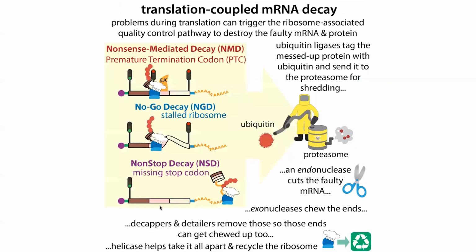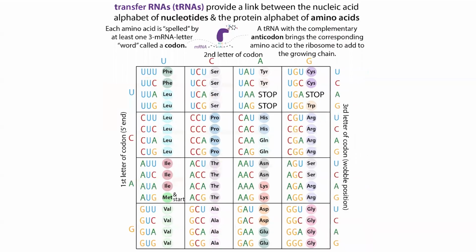What about in the case of nonstop decay? Well, here you're kind of one step ahead. If you're missing a stop codon, well, now you're going to be going through that poly A tail. And if you go back to our codon chart, if you have AAA, that's a codon that codes for lysine.